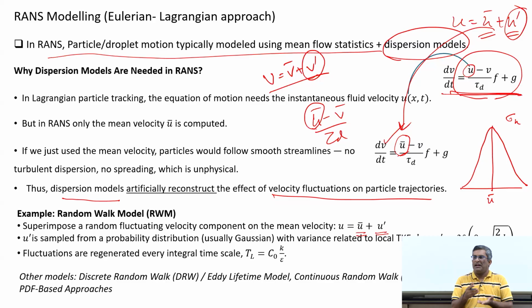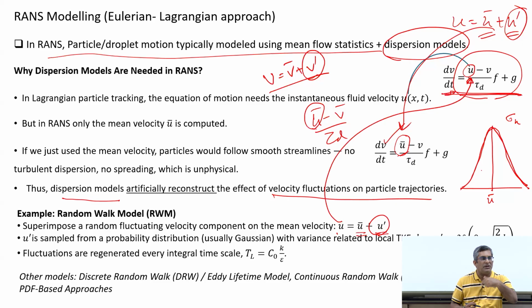And you assume again that the velocity fluctuations follow a Gaussian distribution, then it is possible to prescribe these velocity fluctuations. Okay. So, how you do it is that you choose any one random value out of this distribution, introduce that here, calculate the instantaneous velocity and use the instantaneous velocity here to calculate the particle trajectory, and you go on doing that.